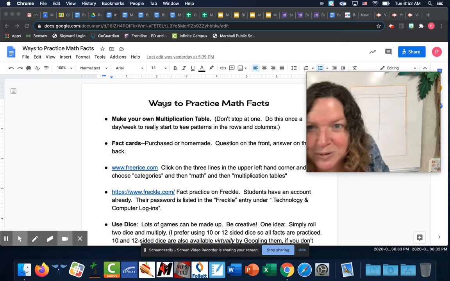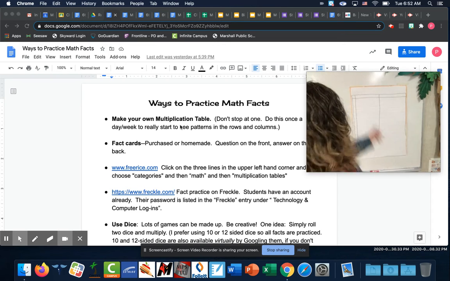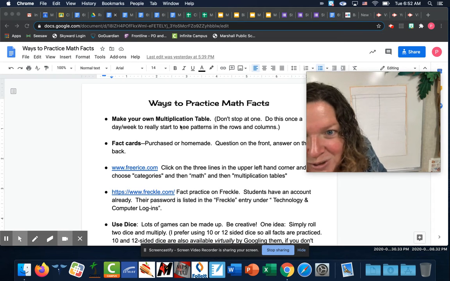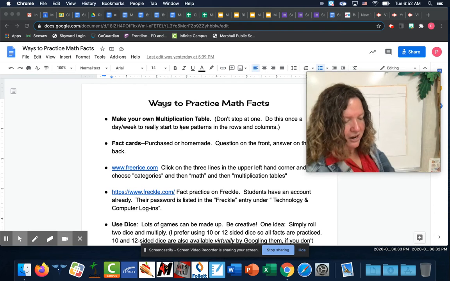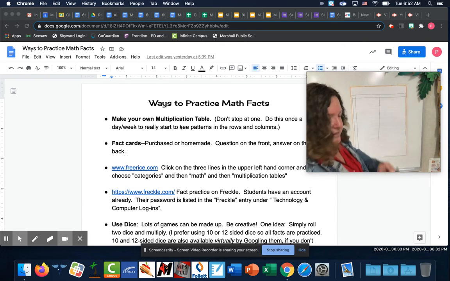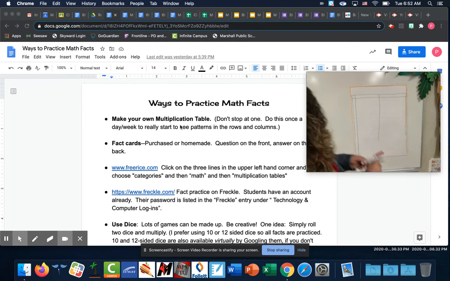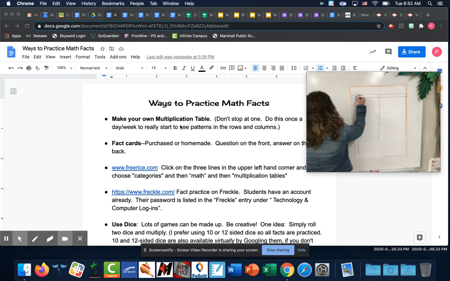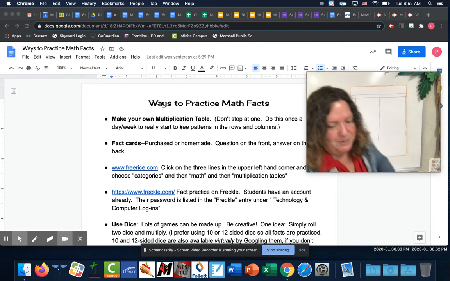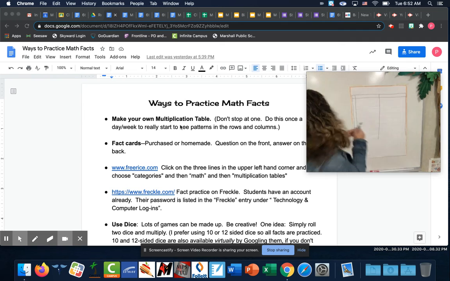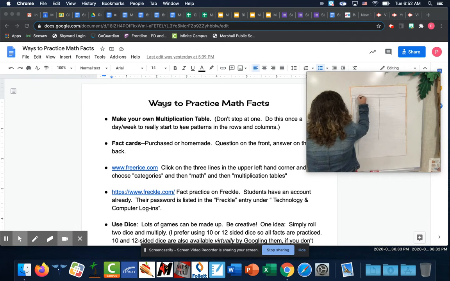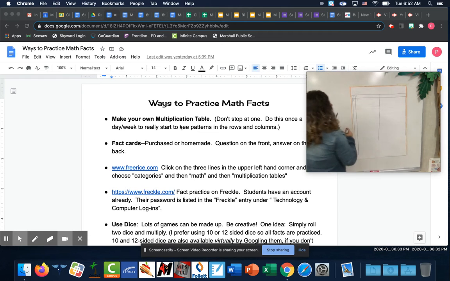Now we need rows and columns to be able to figure out what those things multiplied by each other are. So let's start by saying, if we have a 1 here, whoa, that marker is a disaster, sorry. A 1 here and a 1 here, this box, 1 times 1, is 1.